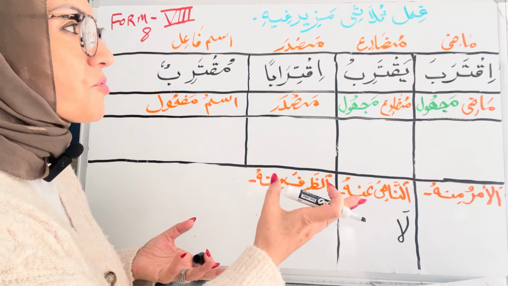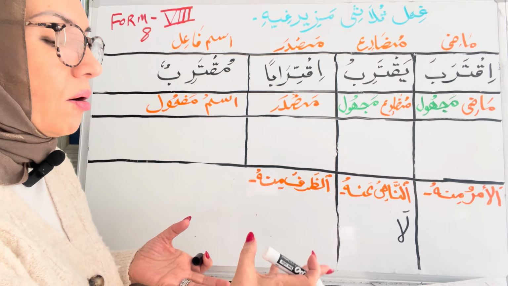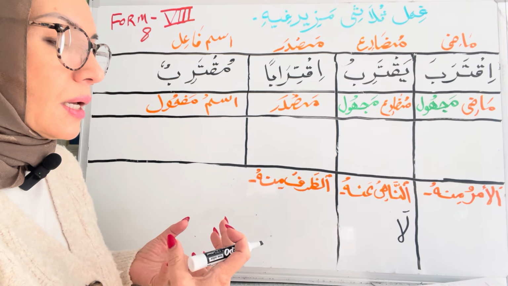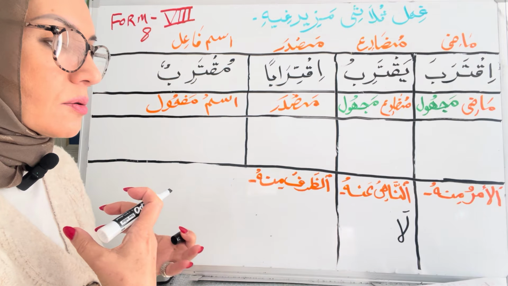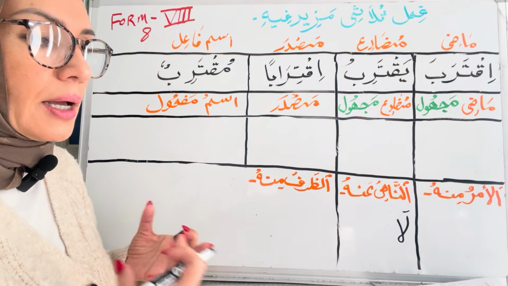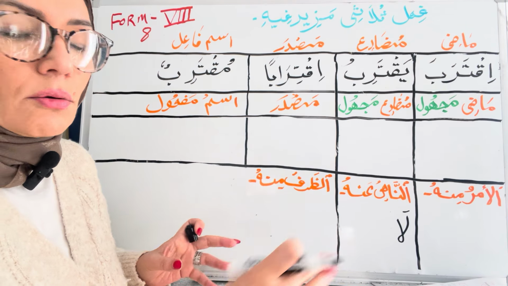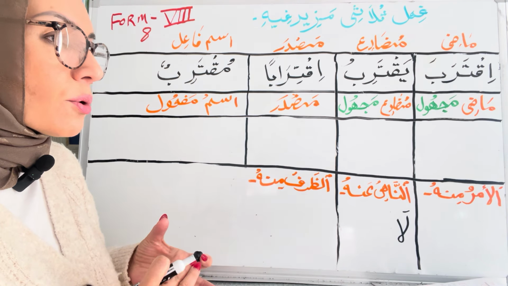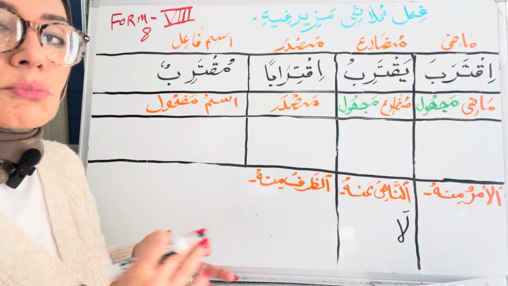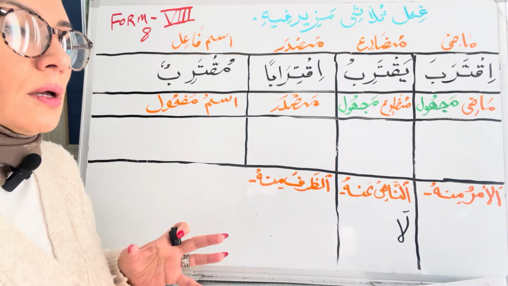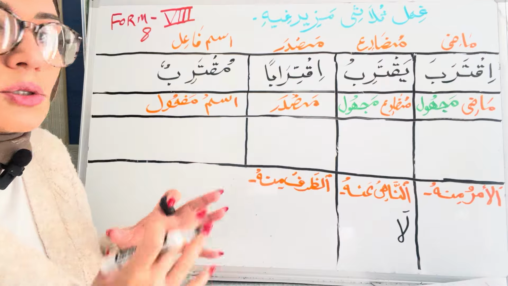So this form 8, all the verbs that fall in this pattern, it means that the action is with oneself, like in this case, to become close to something, right? And then also it means that the action is mutual between two people. Like if they want to study, they are doing it together.